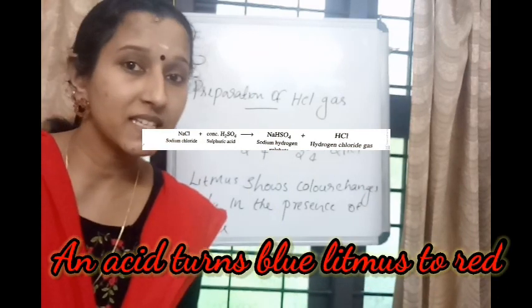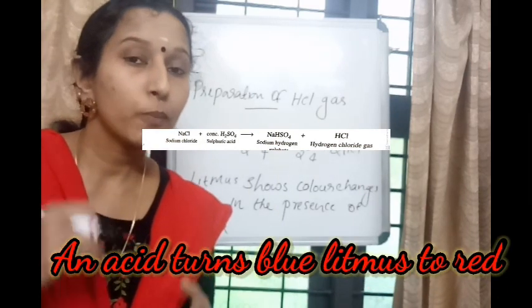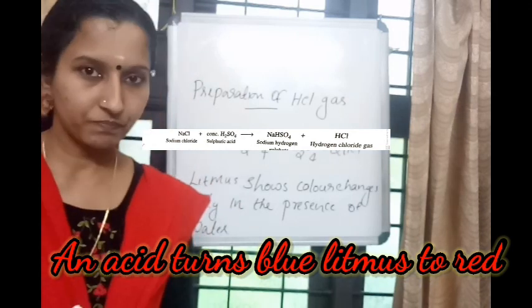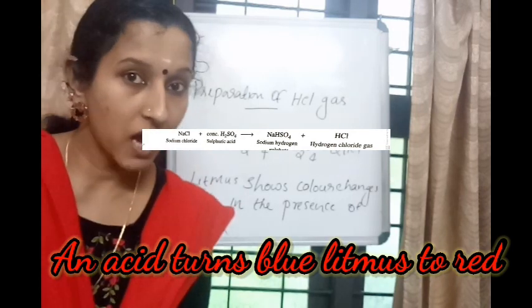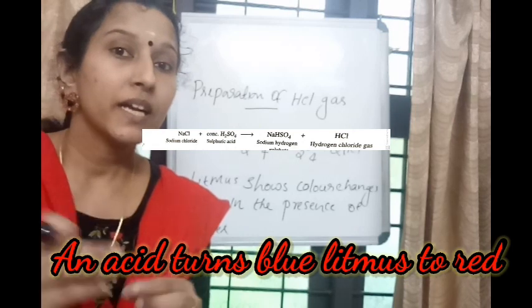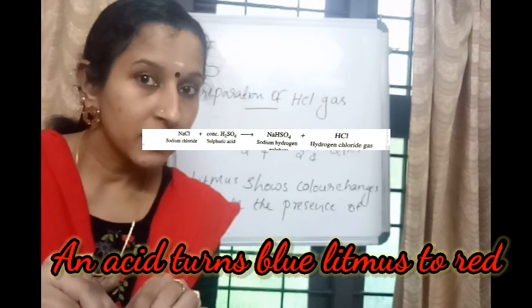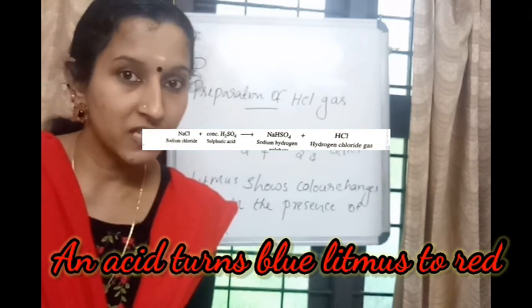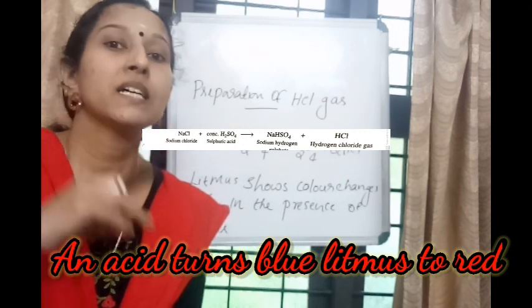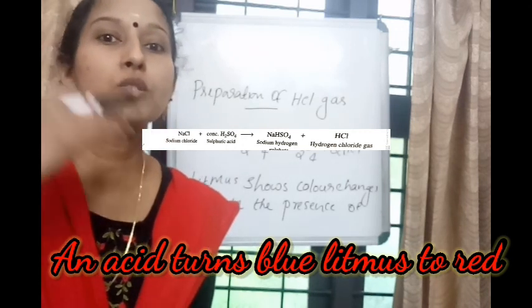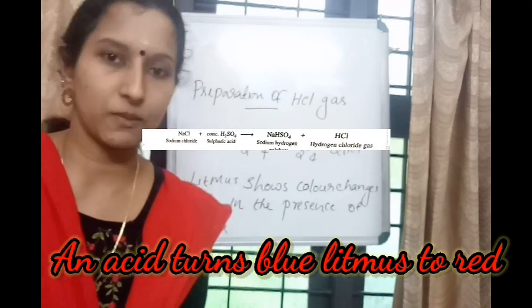Hydrochloric acid is an acid. Acid turns blue litmus to red. So the hydrogen chloride gas reacts with the H plus from the water and it turns to hydrochloric acid. Hydrochloric acid turns blue litmus to red because it is an acid.